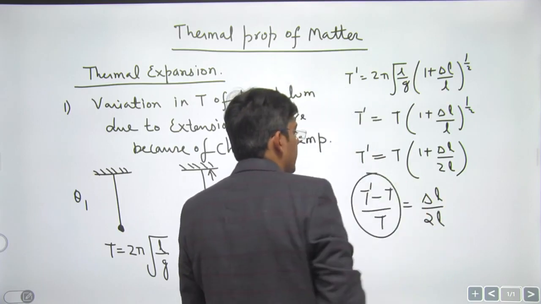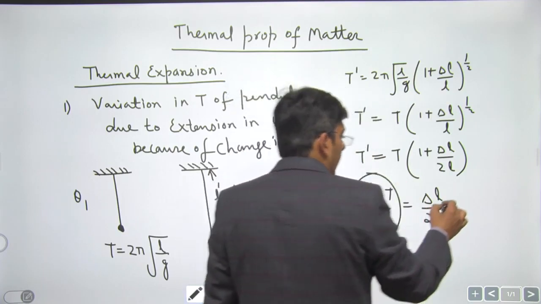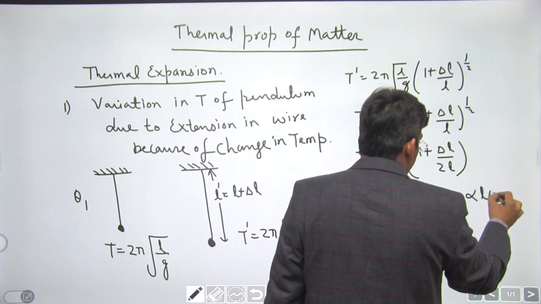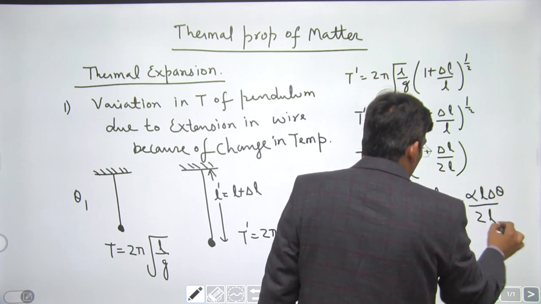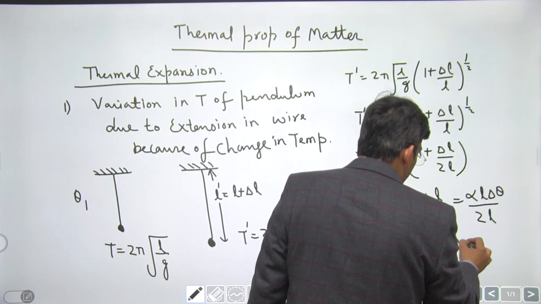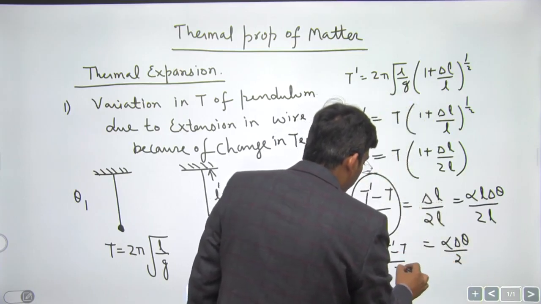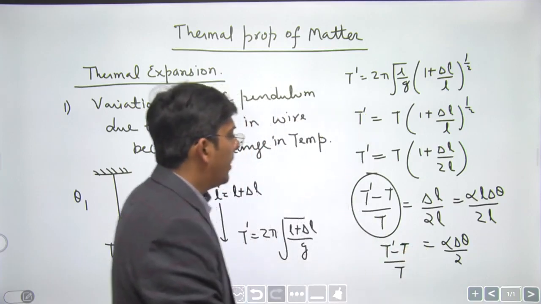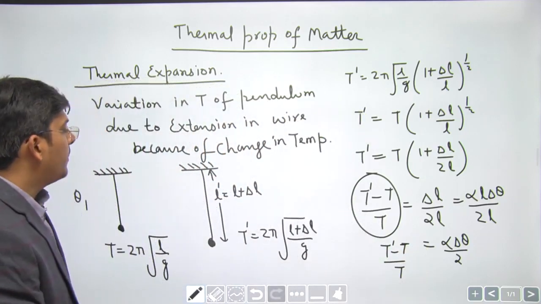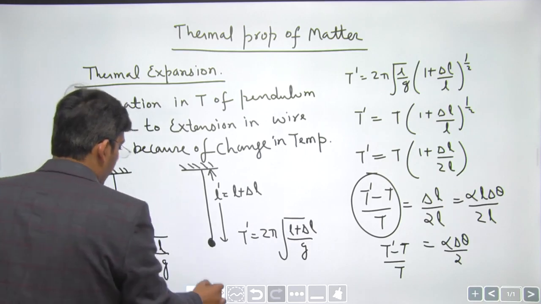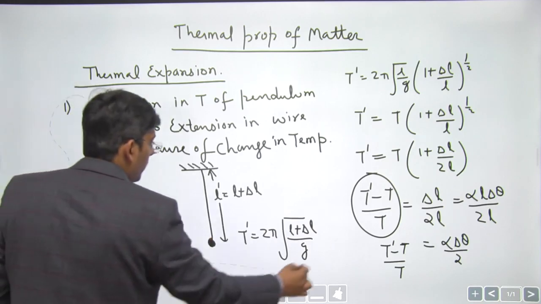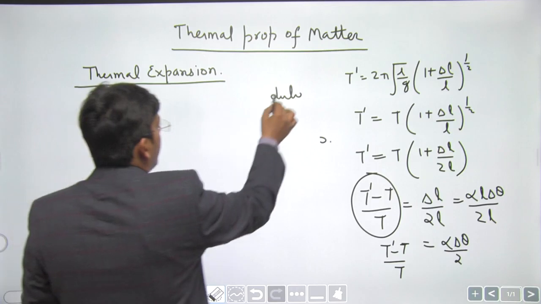This is the fractional change in time period, and ΔL by L is α Δθ. We have already understood. So this is αΔθ by 2. This we have already done in the chapter SHM also. Okay, dear students, right? This is one variety of question. Okay, let us discuss the second problem based on this thermal expansion, right?